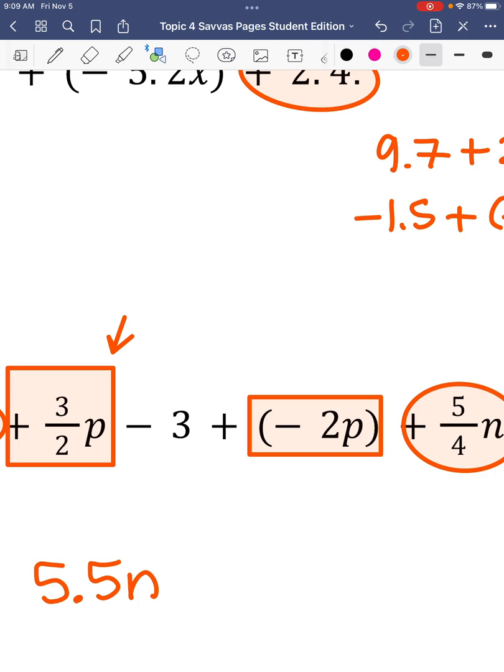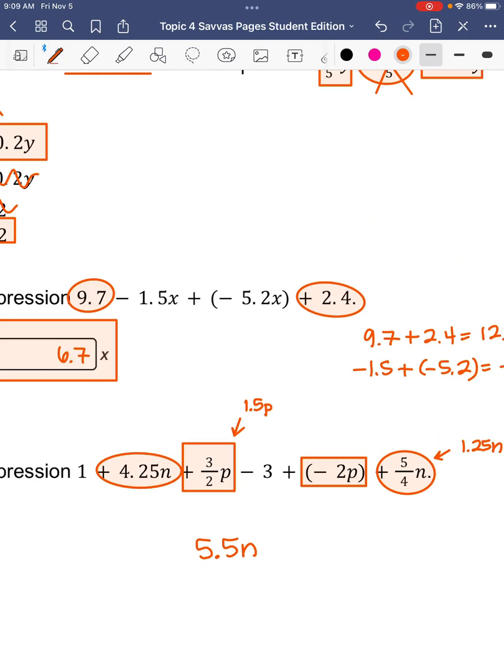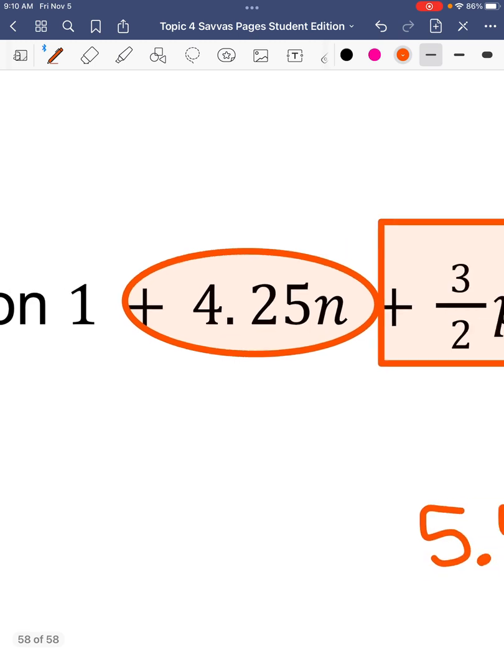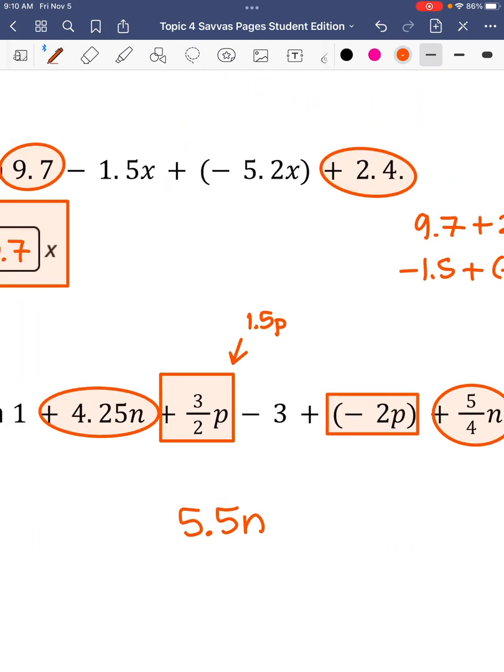So 3 divided by 2, when I put that into my calculator, I get 1.5. So 1.5p, right? So now I'm combining positive 1.5 with negative 2. So 1.5 plus negative 2. When I put that into my calculator, I get negative 0.5. And of course the p stays with that.